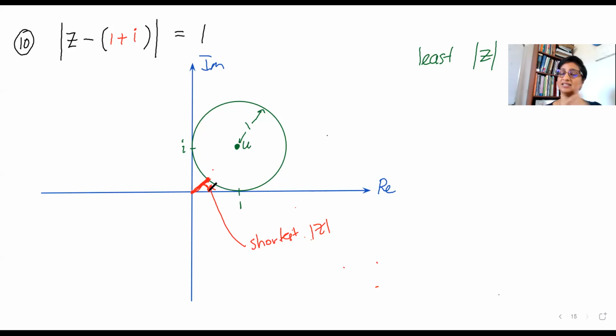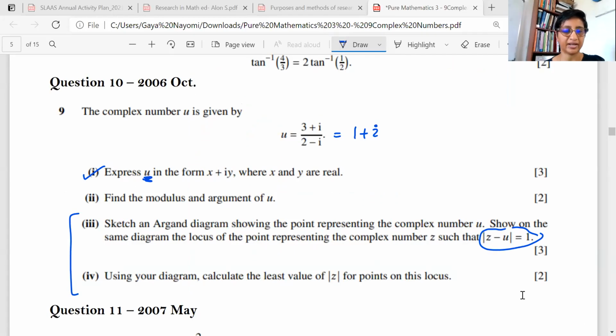In the earlier one, finding the angle to that Z, I left for homework. There it was the largest argument. Here, this is the shortest modulus. Both, you just need to zoom and redraw it, look at the lines, use some geometry and find that, okay?